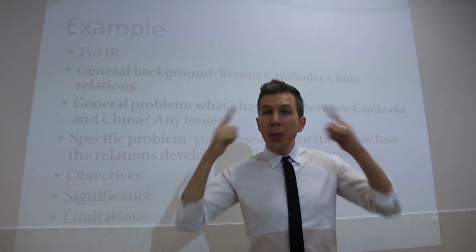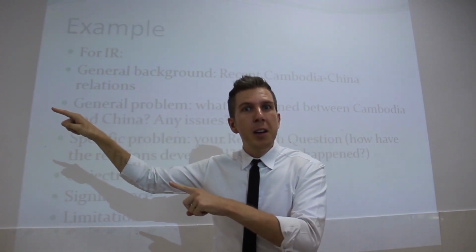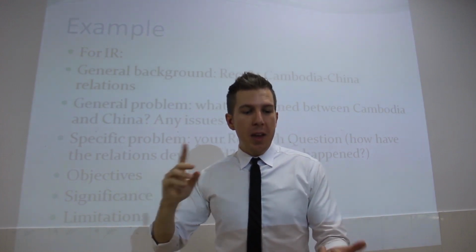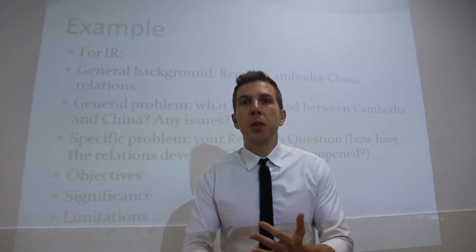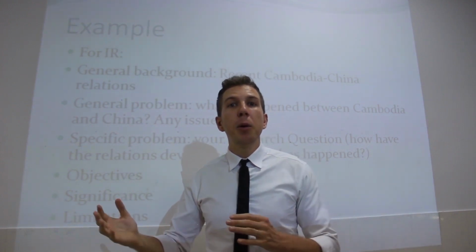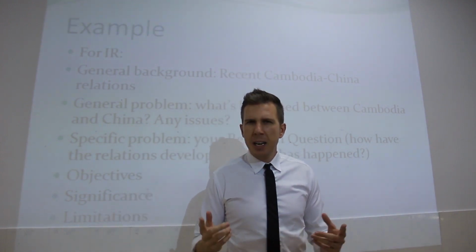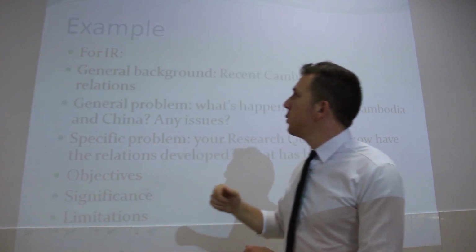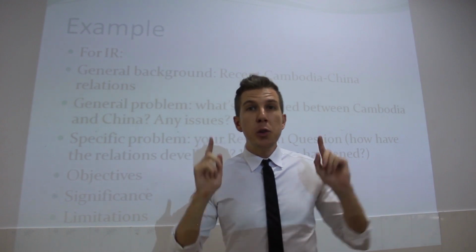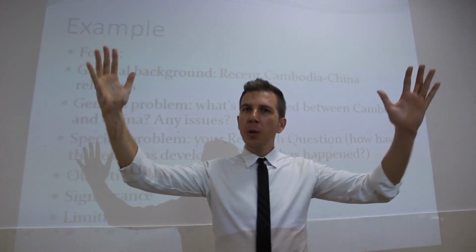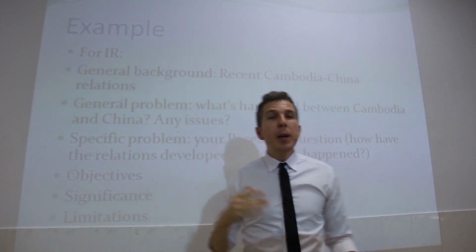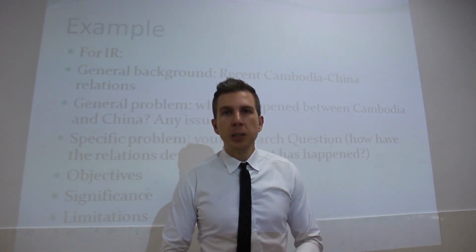So let's think about our example about IR. Remember we talked about the causes of political relations between China and Cambodia since 2019? Good. So how would we write an introduction for that? Let's use our format. Background is general information, so here we would write about recent Cambodia-China relations.